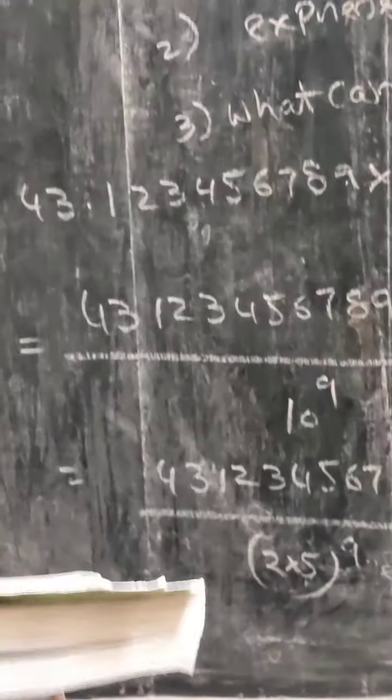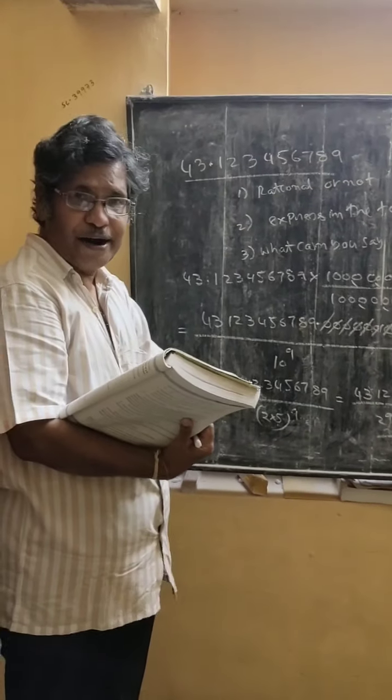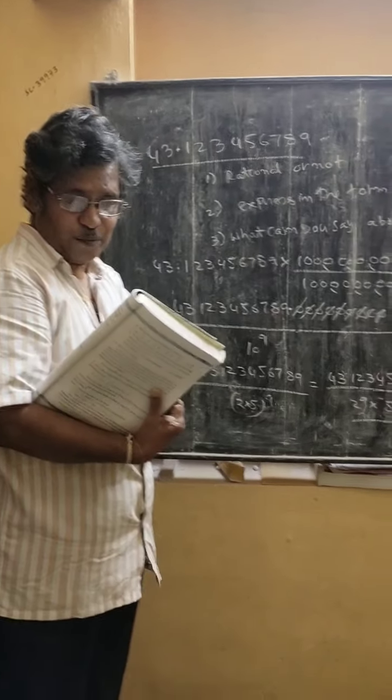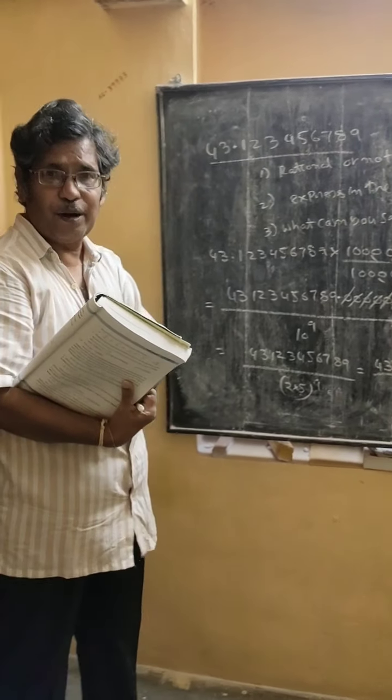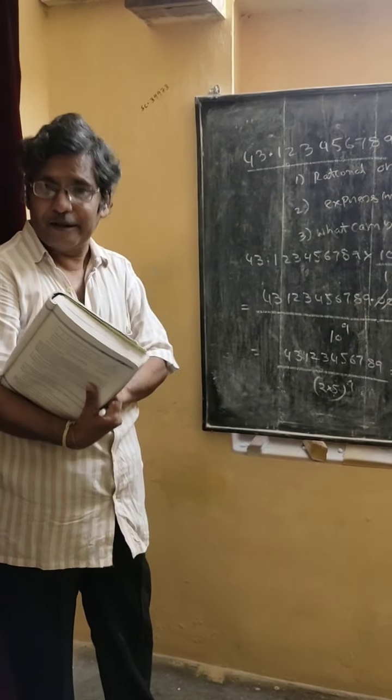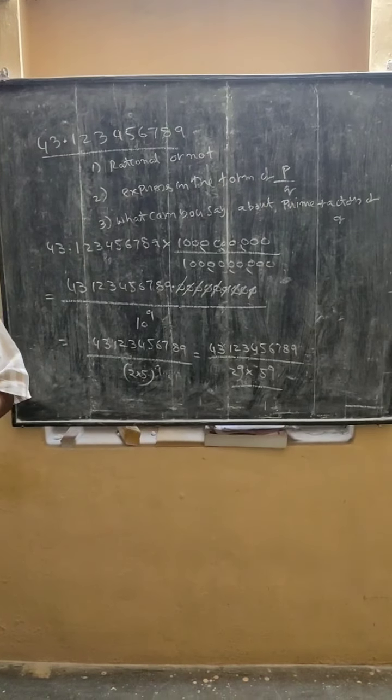So try to answer the questions for this problem in this manner, and do this one also. Up to here we completed the first chapter up to exercise 1.3. Thank you.